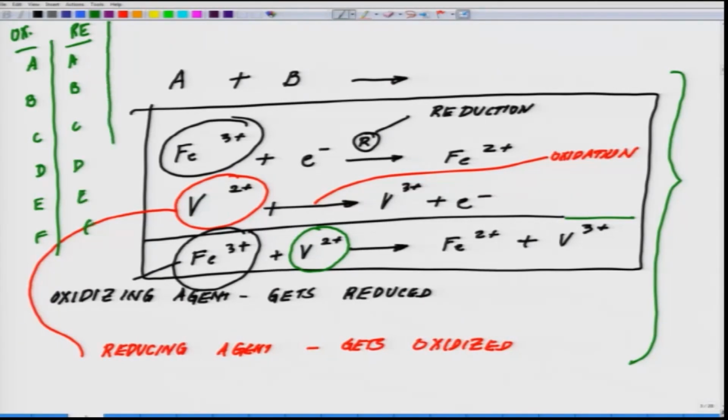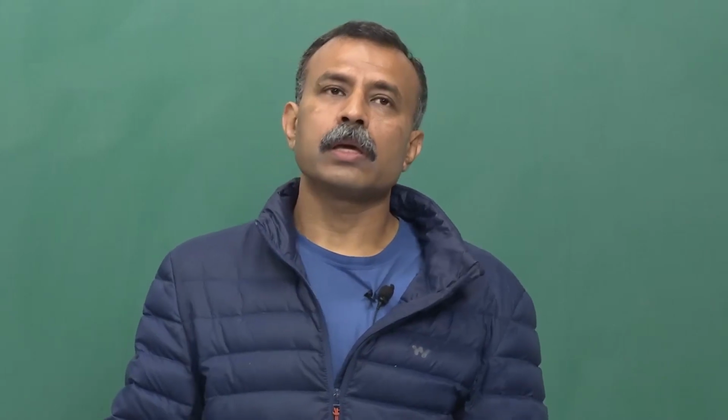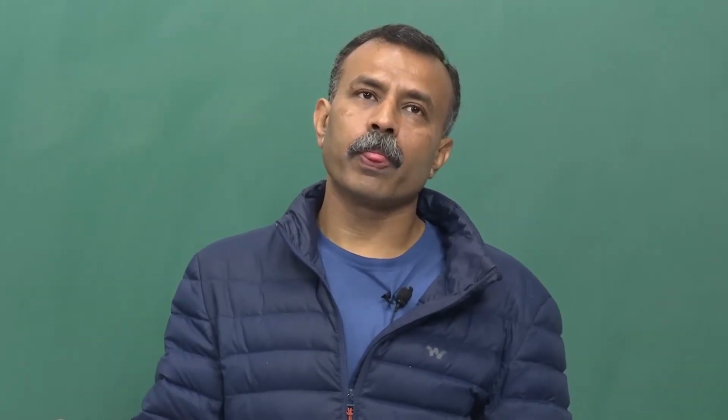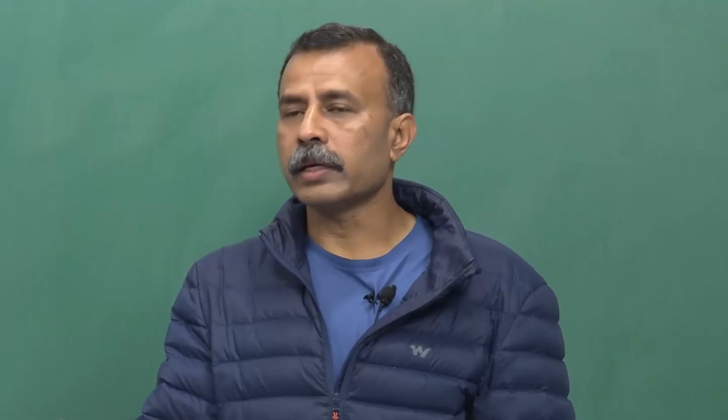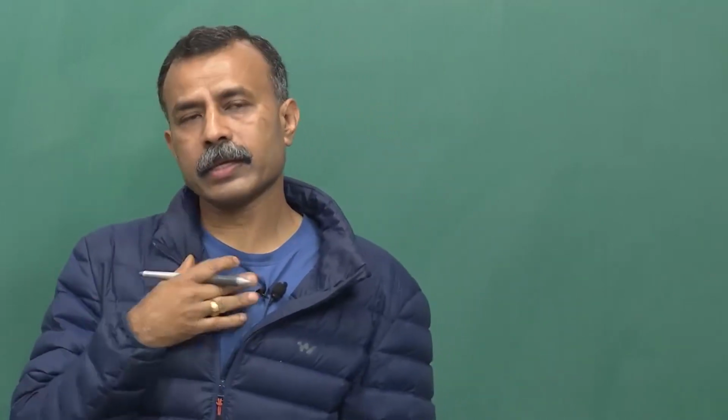In nature, the species which are born to donate electrons, you can classify them in a series where you can say that X has more power to donate electrons than Y, Y has more power than Z, and so forth.